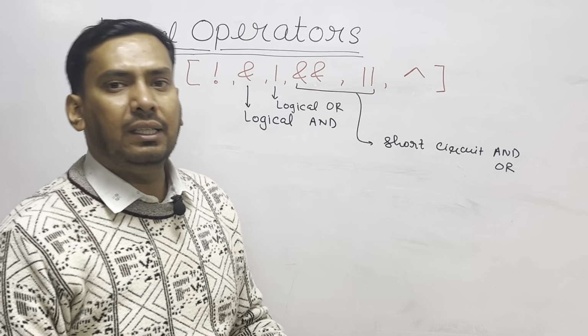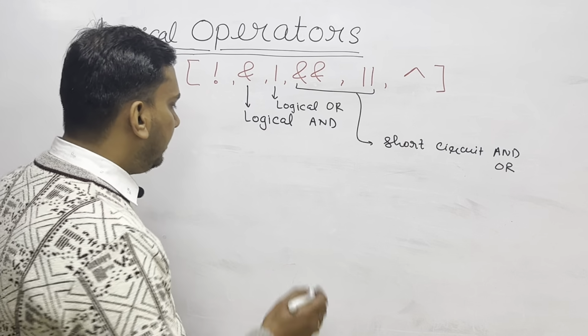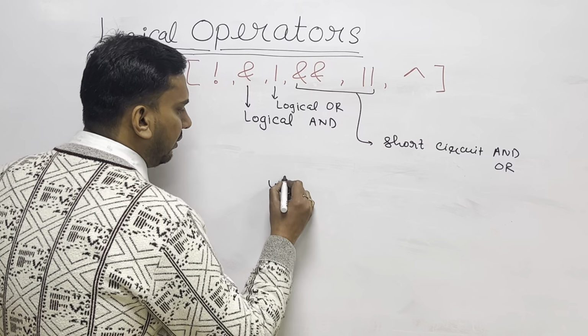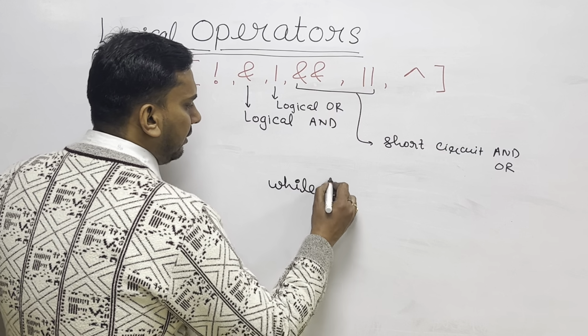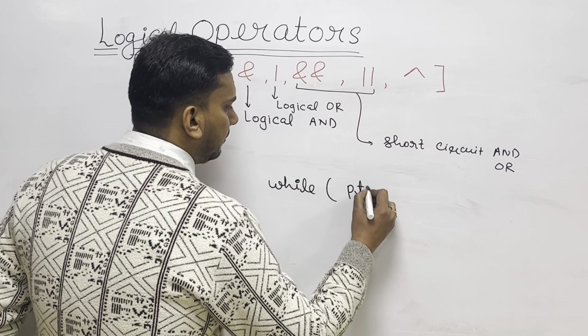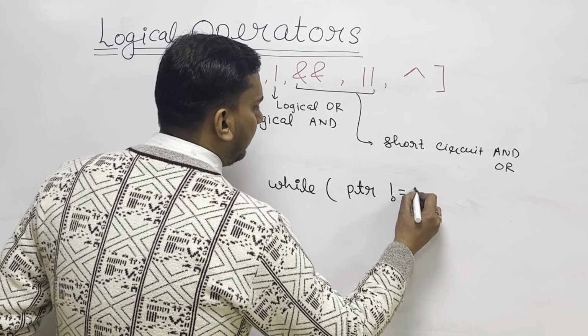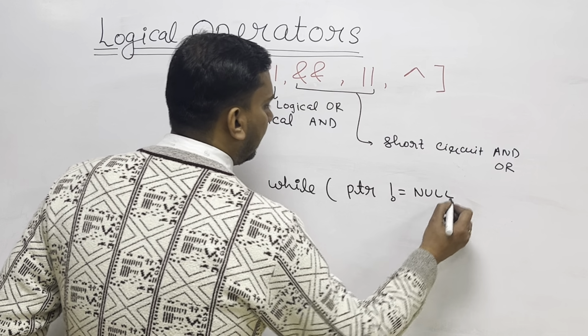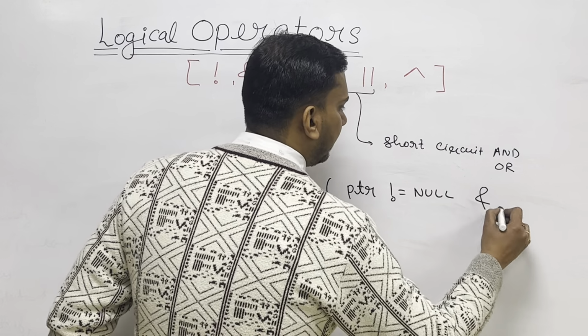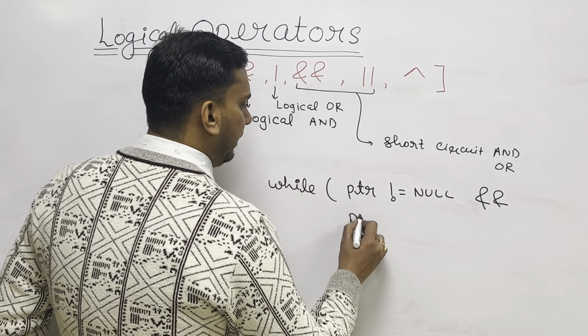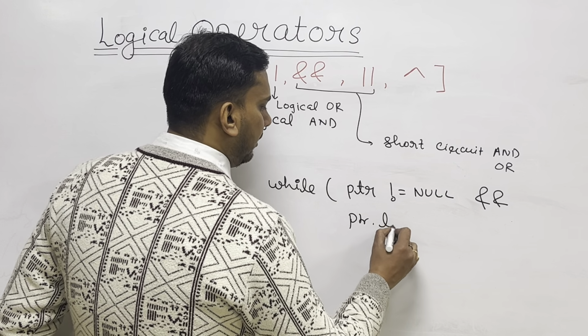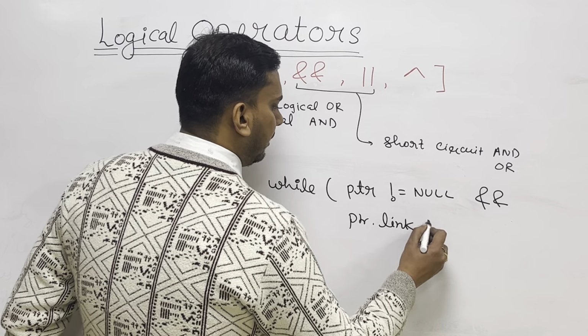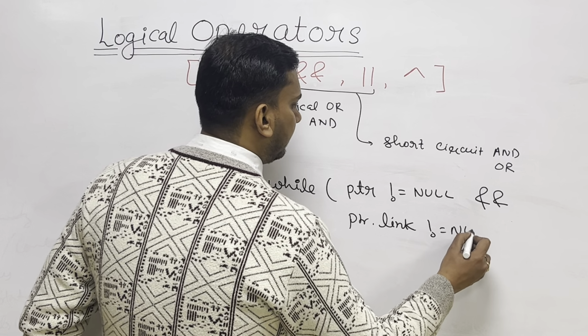For example, in a linked list you have to traverse, so you write the condition like this: while PTR is not equal to null and PTR link is not equal to null, right?